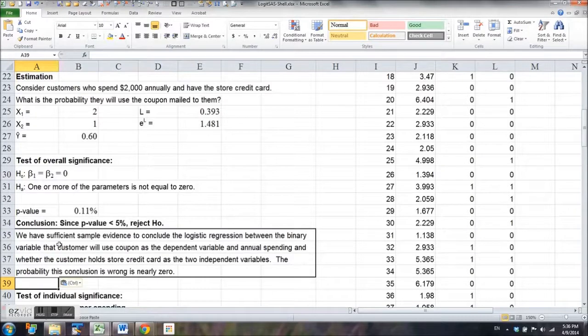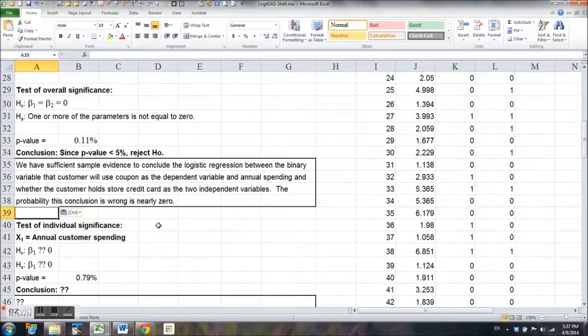So we have sufficient evidence to conclude the logistic regression between the binary variable that the customer will use the coupon as the dependent variable, and the other two, annual spending and whether the customer holds a store credit card, as the two independent variables. The probability that this conclusion is wrong is nearly 0.